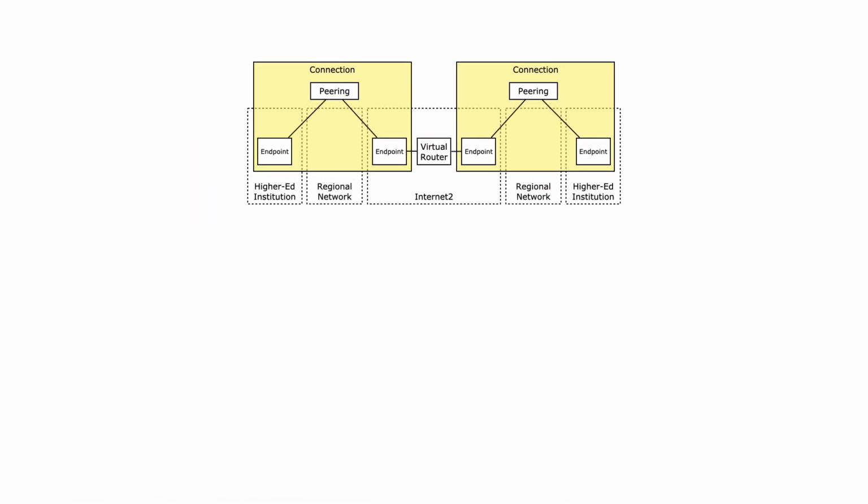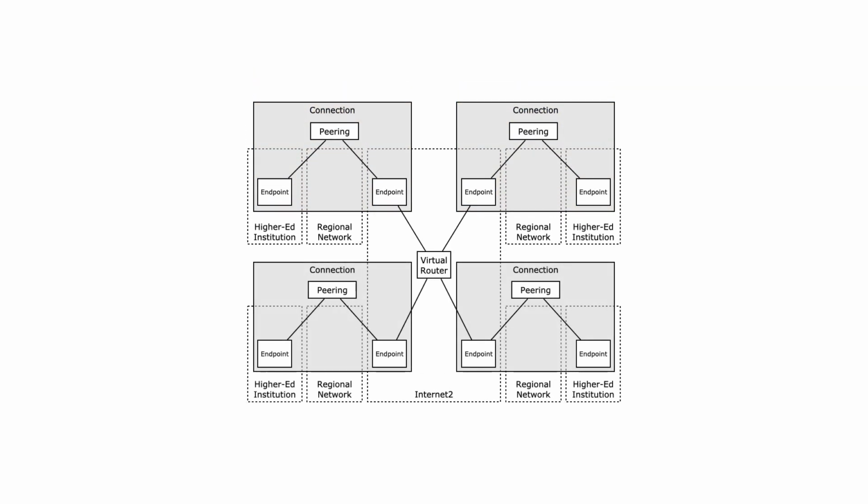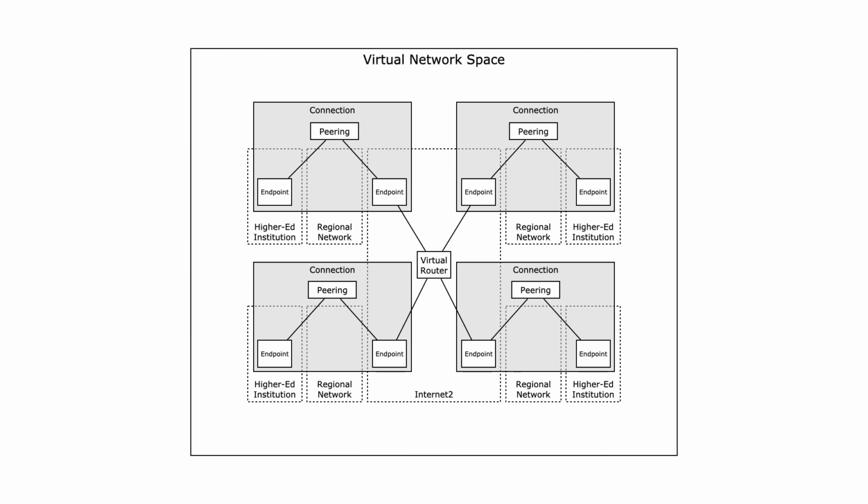Let's zoom out and see what it would look like to have multiple connections connecting to a virtual router. In this example, there are 4 connections associated with this one single virtual router. We're going to put this virtual router and all of its connections into a virtual network space.